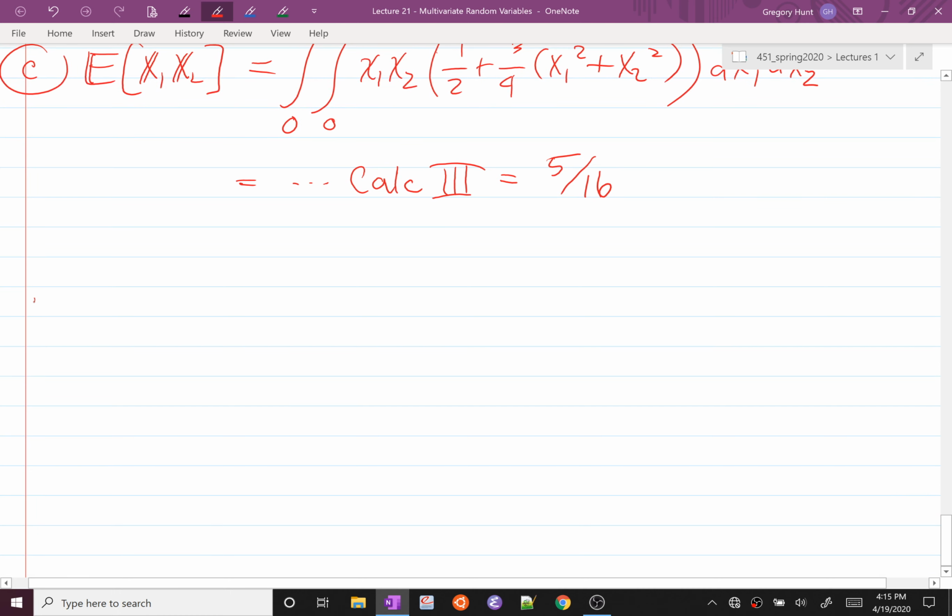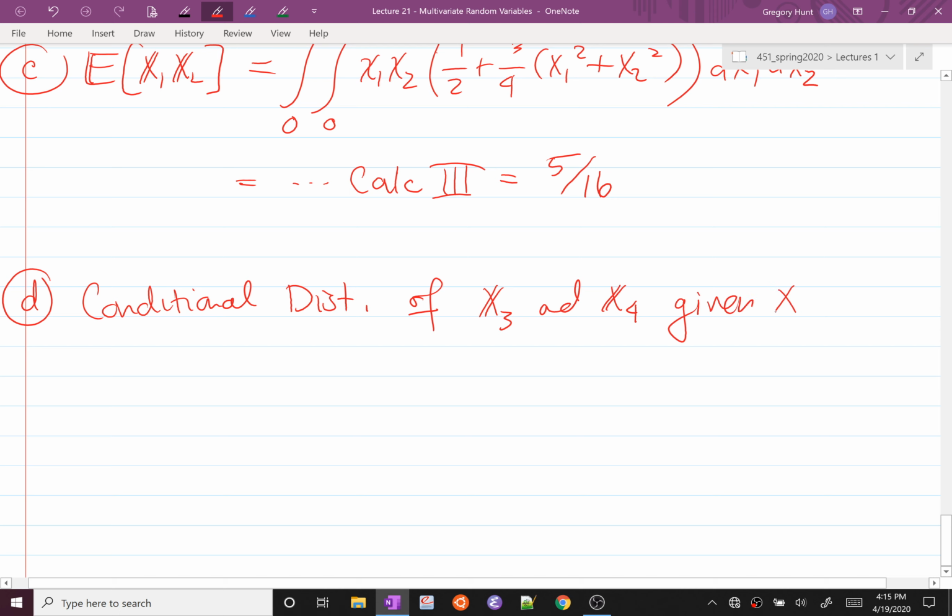And as a last little follow-on for this example, we could say, what is the conditional distribution of, what do we want to look at in this case? x3 and x4 given x1 and x2.